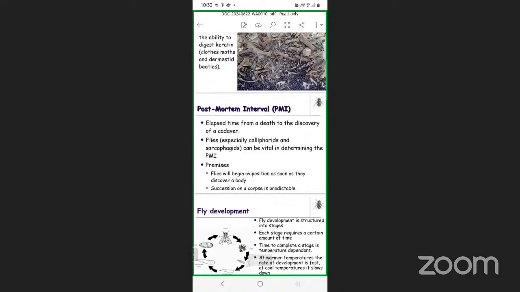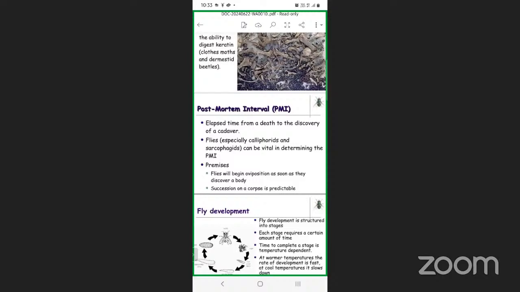In this study, we follow the PMI rate, the elapsed time from death to the discovery of the cadaver, and flies, especially calliphorids and sarcophagids, can be vital in determining the postmortem interval.